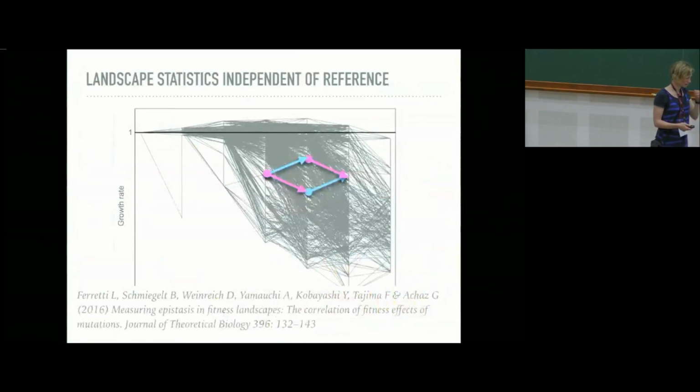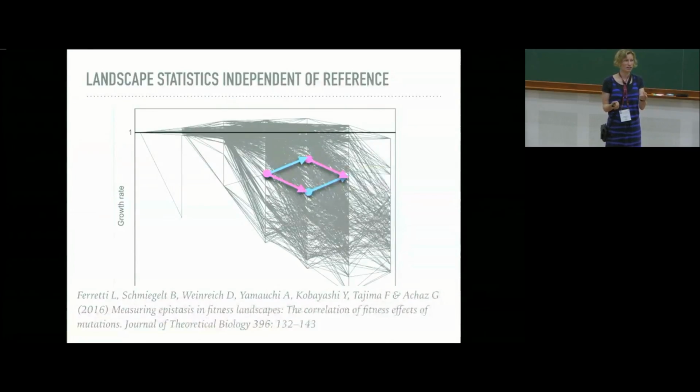And so finally, we looked into different types of describing the landscape and whether they would be helpful to extrapolate beyond a known part of the fitness landscape. And so far, when I talked about epistasis, this was always measured based on the reference type, right? But that is a very biased measurement, because depending on which reference type you choose, you have very different values for your epistasis.